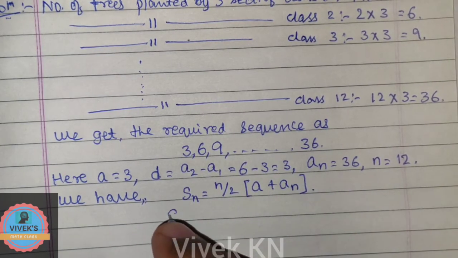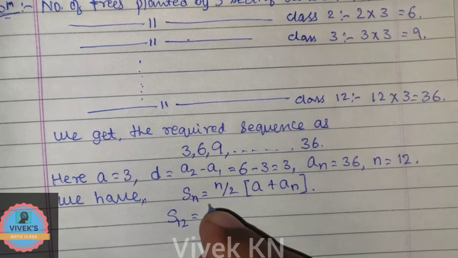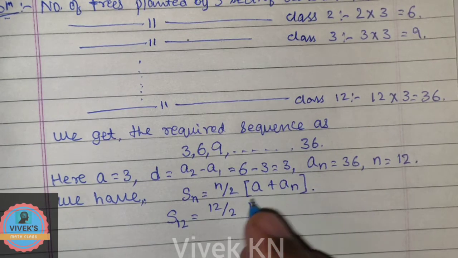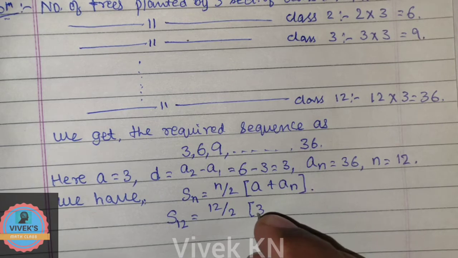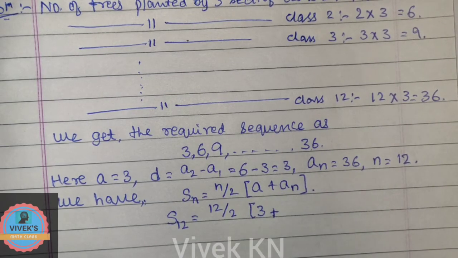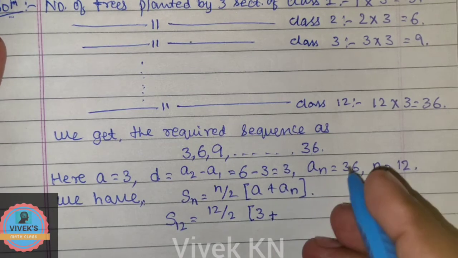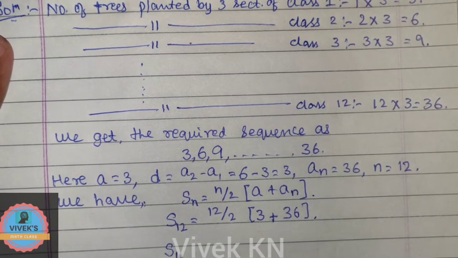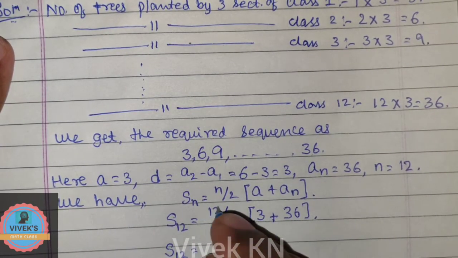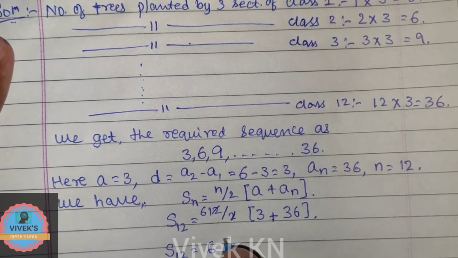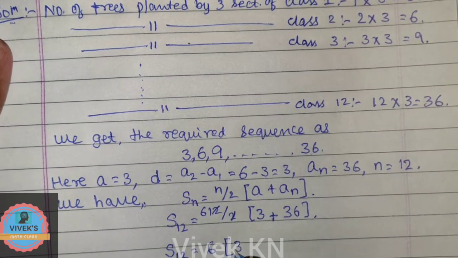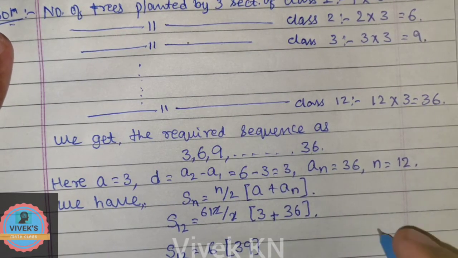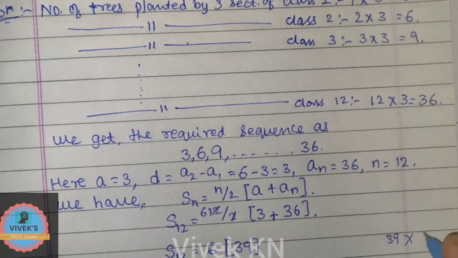The value of n is 12, that is S12 is equal to 12 divided by 2 into value of a is 3 plus the value of an is 36, that is S12 is equal to 12 divided by 2, we get 6 as the answer. 36 plus 3, we get 39. S12 is equal to, multiplying these two terms, that is 39 into 6.